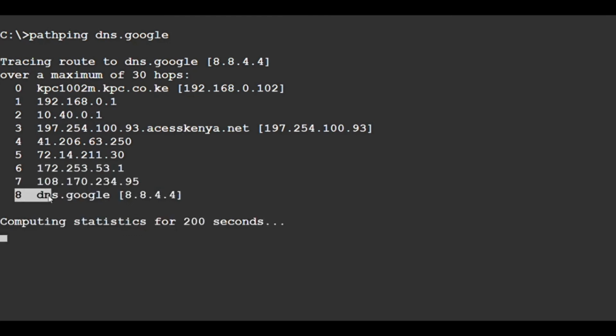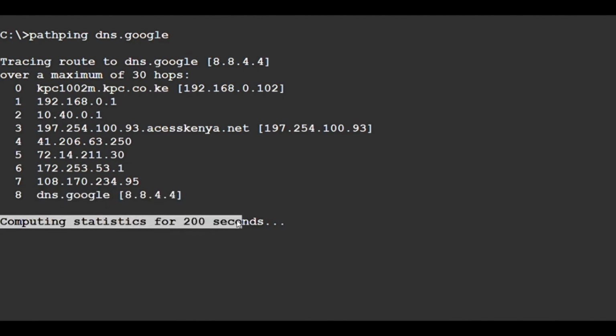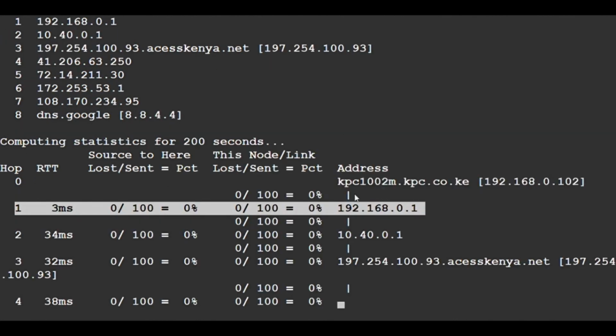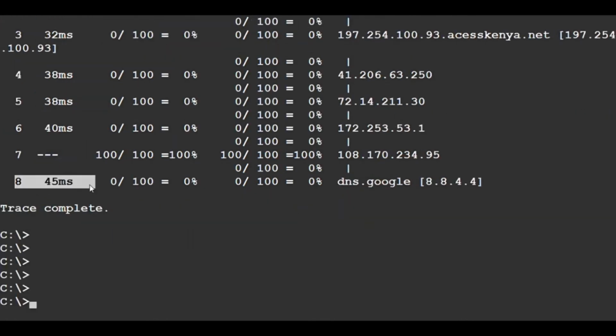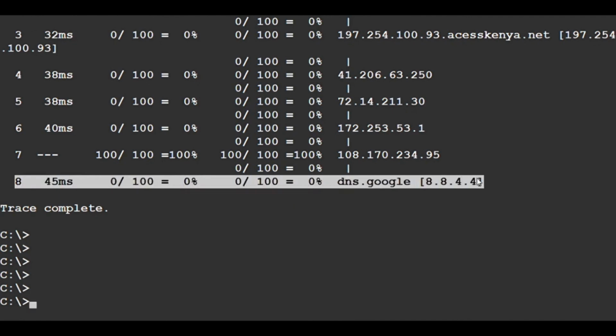Here we see that the command has collected performance statistics over a period of 200 seconds from the 8 nodes. It also captures any lost packets along the path. Finally, we see that the packet arrives to its destination at dns.google.com with an RTT of 45 milliseconds, thus confirming that we indeed have connectivity to the internet.